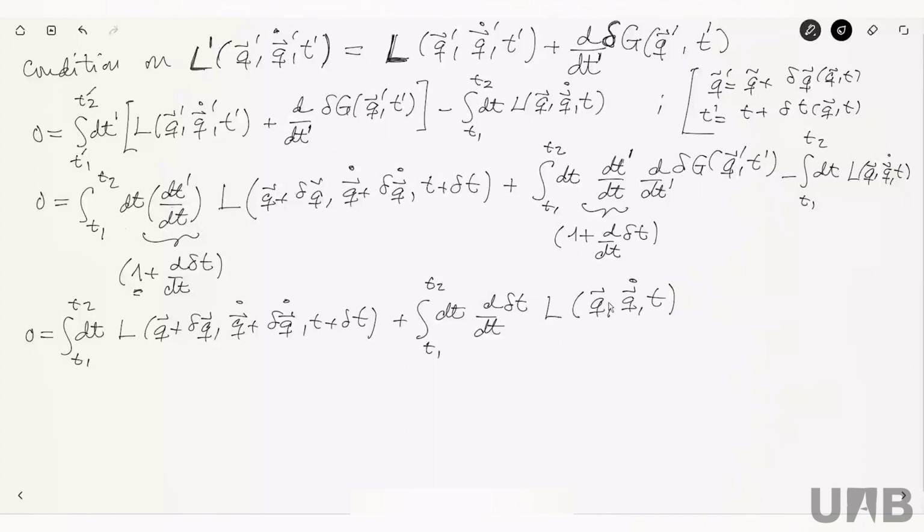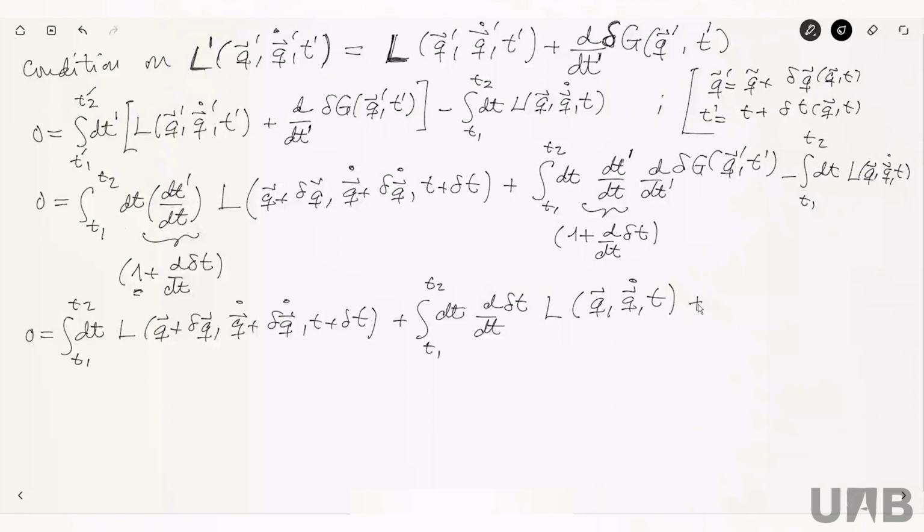This is already first order, so I can take this guy at lowest order. I don't have to take into account the variations in q, q dot, and t for this term when I multiply it by the derivative of delta t. Okay, so that's one thing. Okay, now plus.